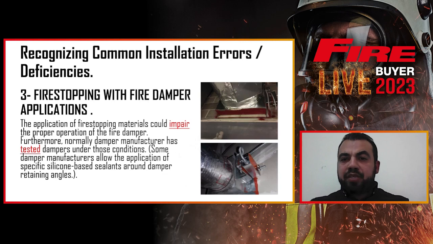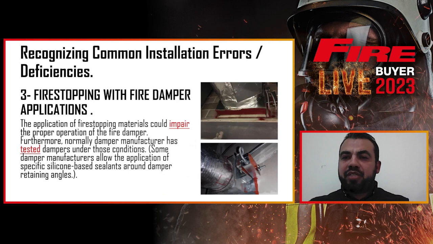The fire stopping around dampers. Normally, this is a common fault. The fire damper is not required to be sealed by fire stopping material unless otherwise mandated or specified in the data sheets of the fire damper manufacturer. Your fire damper is not required to be sealed because it seems like an intumescent sealant.